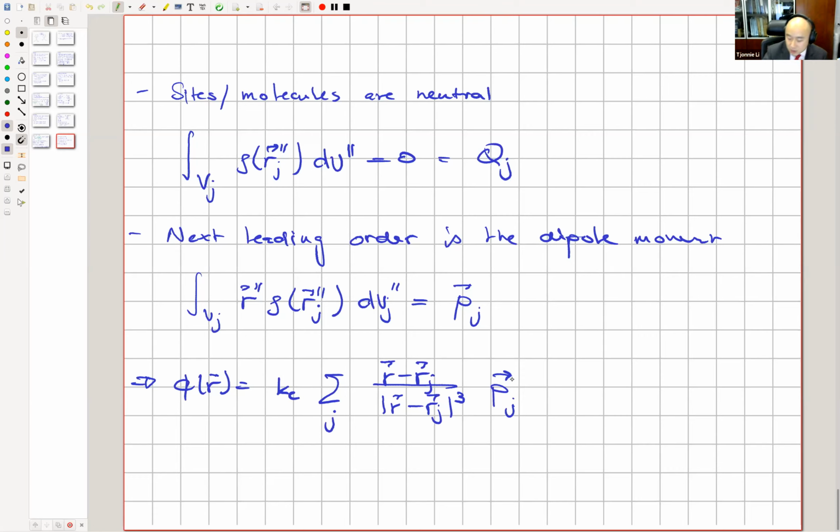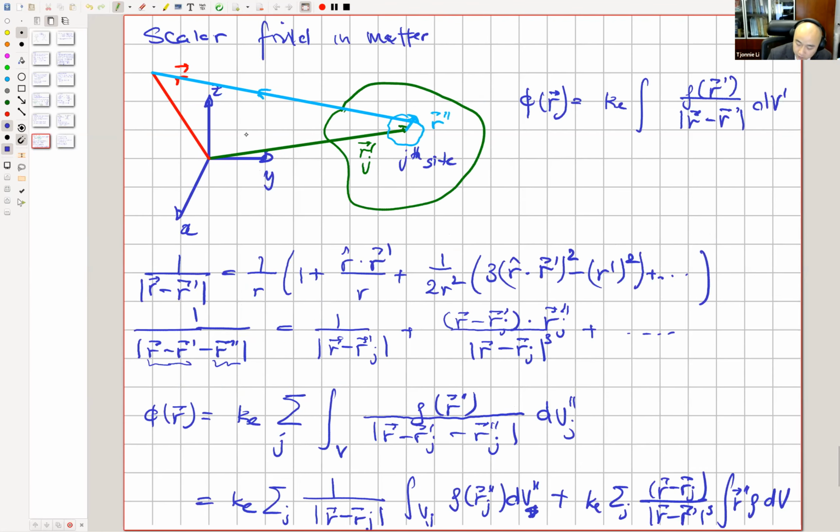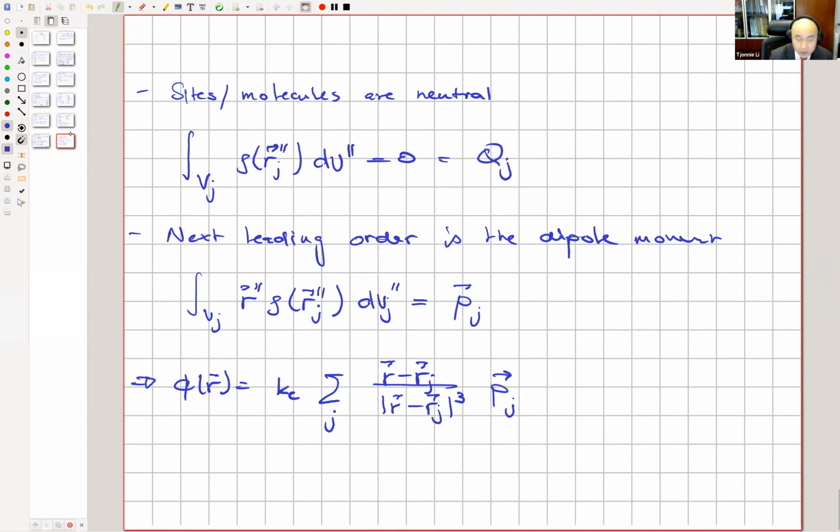This is a sum, and it's written in a convolved form that only says this is the location between my jth molecule or jth crystal site to where I'm considering the field. So all that I've got is the site in green to the site in red. What's the dipole contribution to the scalar field?